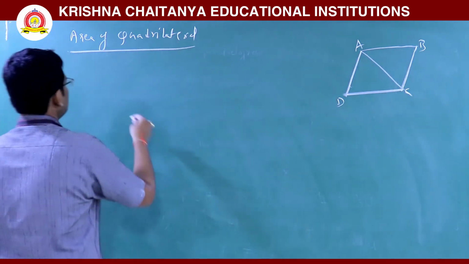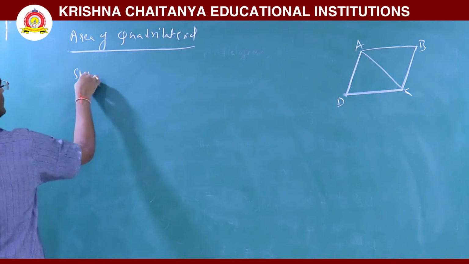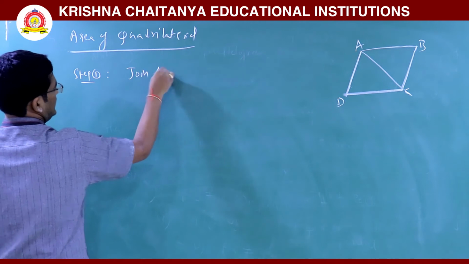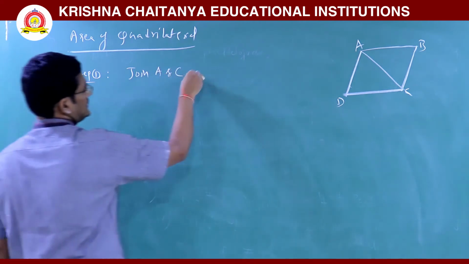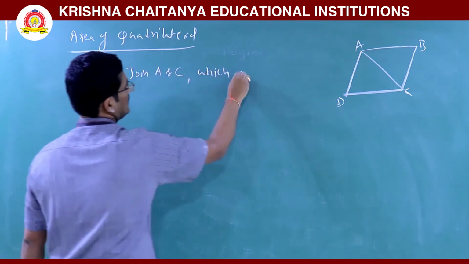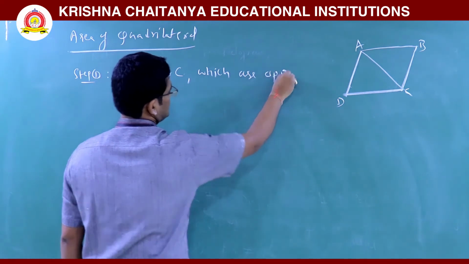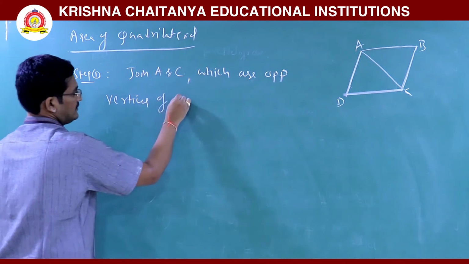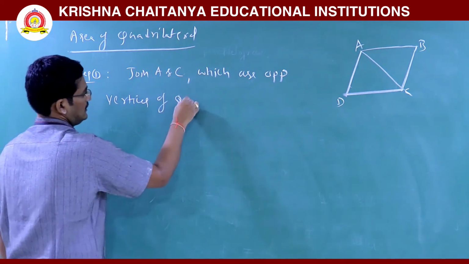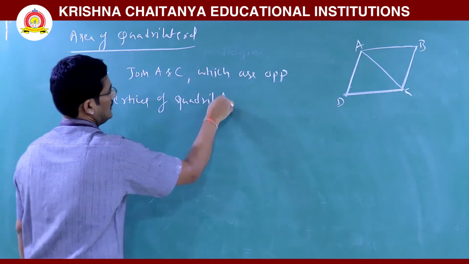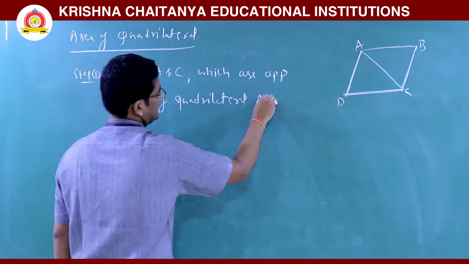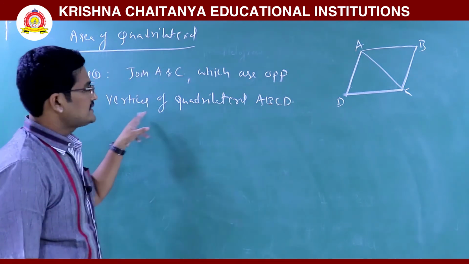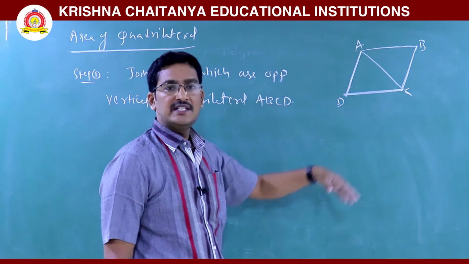Step 1: join A and C, which are opposite vertices of quadrilateral ABCD, as shown in this figure.